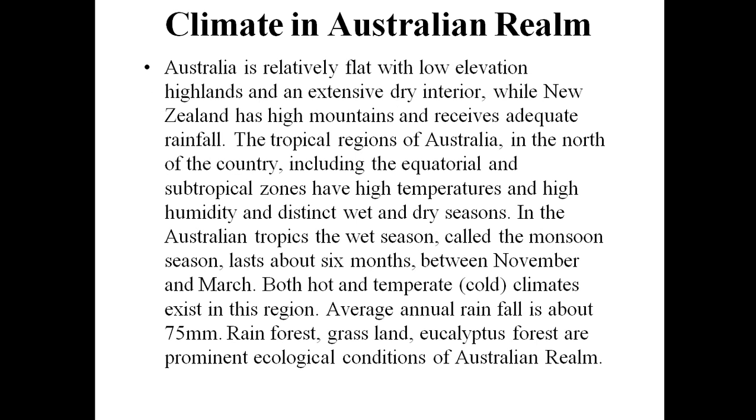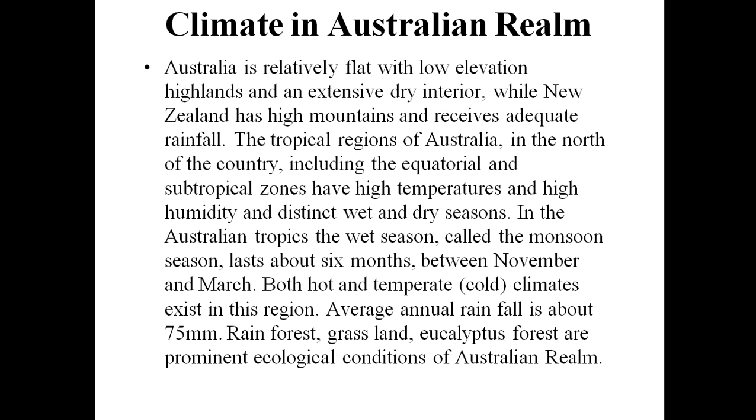So, the climate in this Australian realm: usually Australia is relatively flat land with low elevations and a dry interior. Whereas another country, New Zealand, has high mountains and receives adequate rainfall.